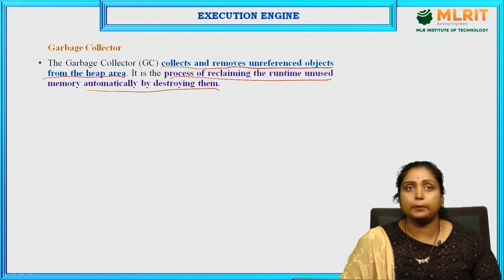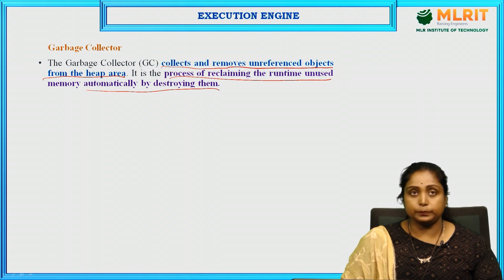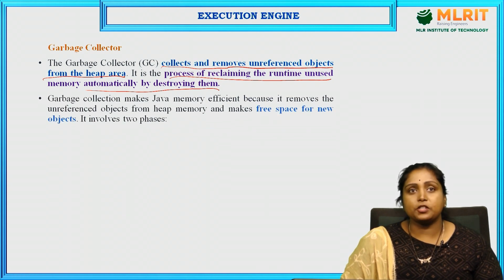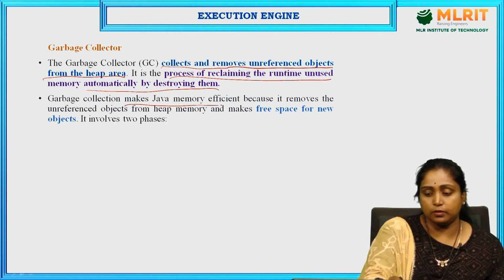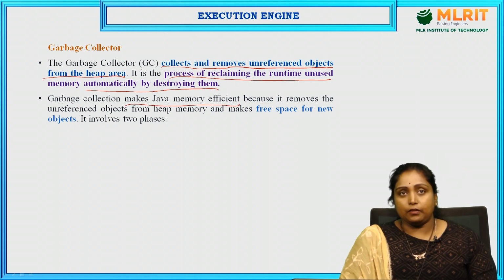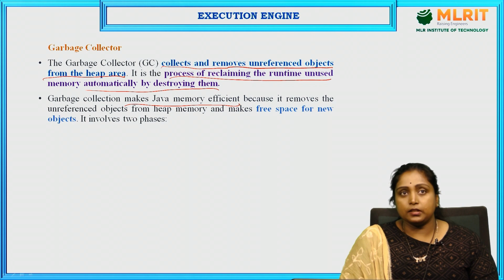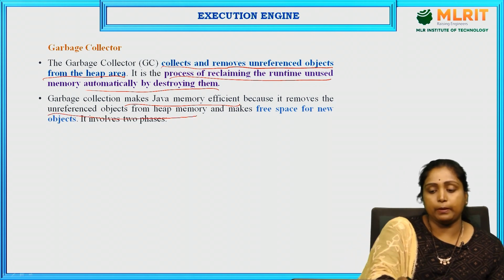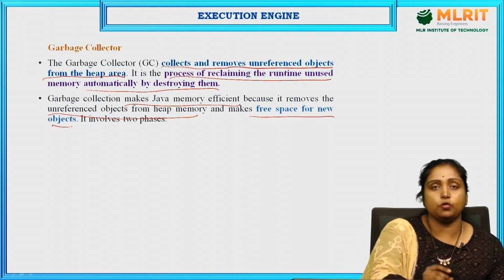A strong garbage collector has been given here. So garbage collection makes Java memory efficient, which I told you now. It will dereference the objects from heap memory and make free space for new objects.